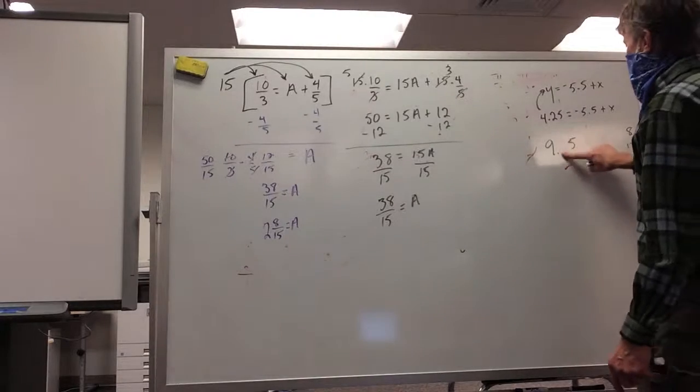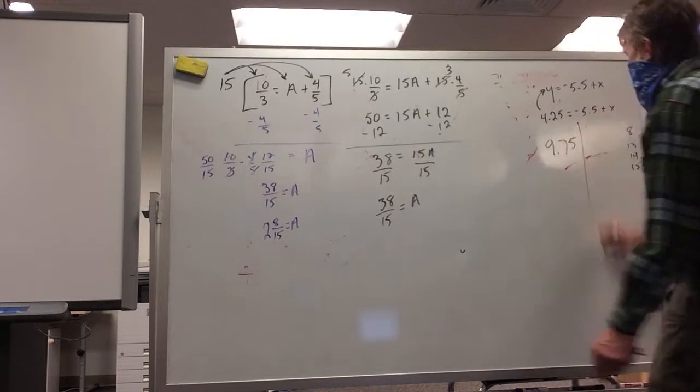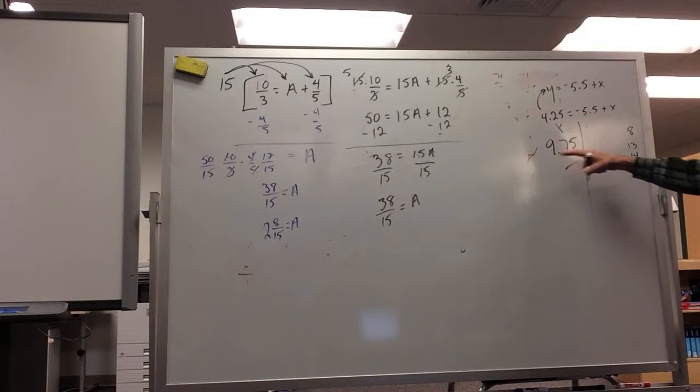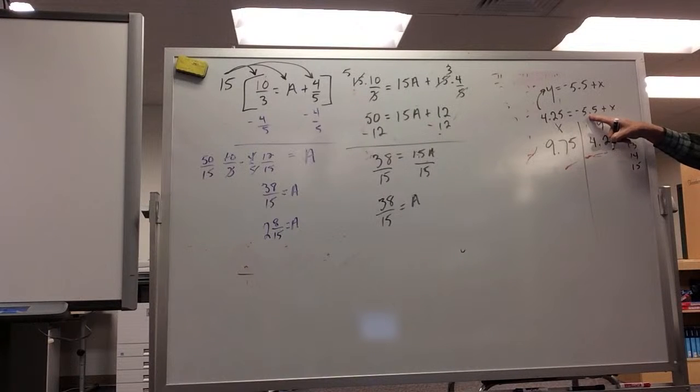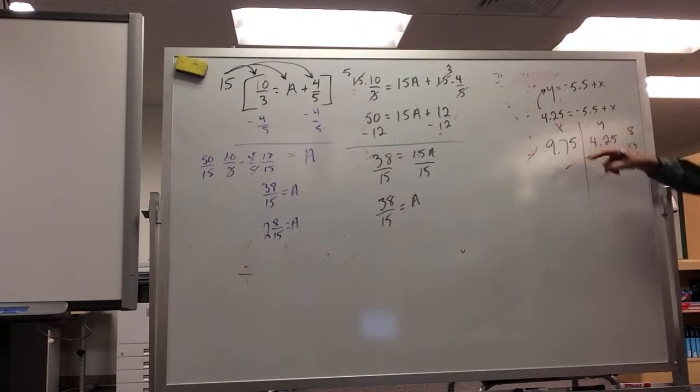Yeah, good, that doesn't work. So in that table, on the left-hand side underneath the x's, there's a row where it's 9.75, and then over here where the y's are listed is 4.25. So how do I know that that's a solution? Because if it gets added to this number, it equals 4.25. Take 9.75 plus a negative 5.5, that's 4.25.